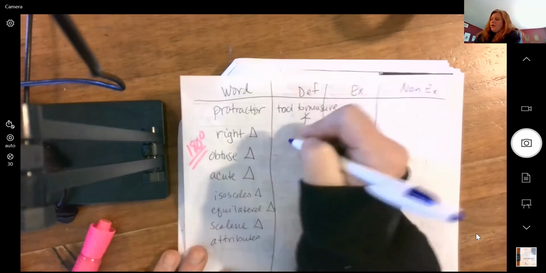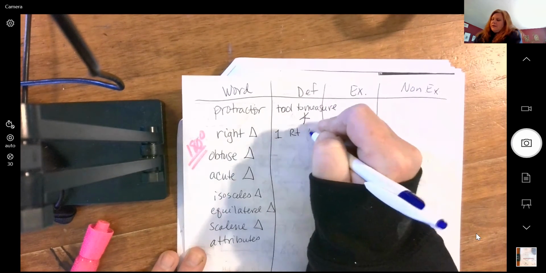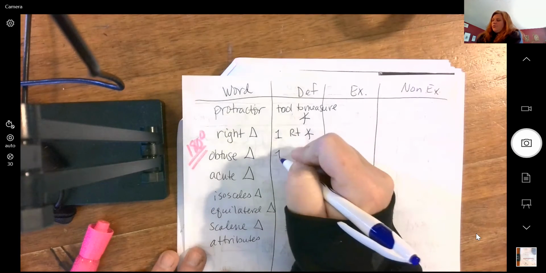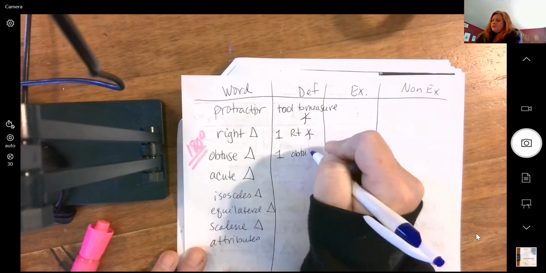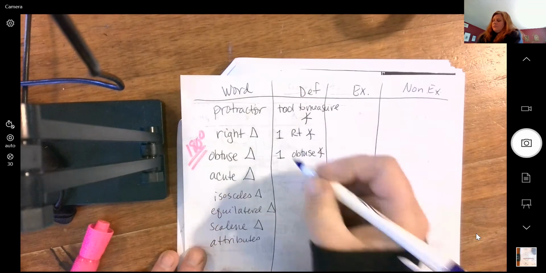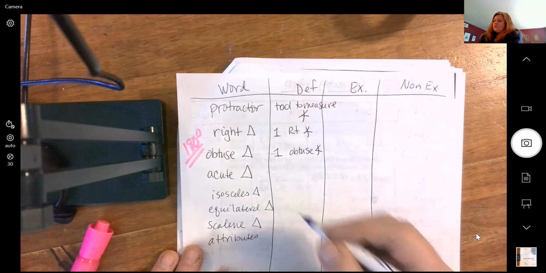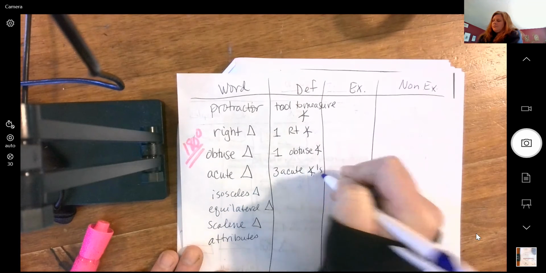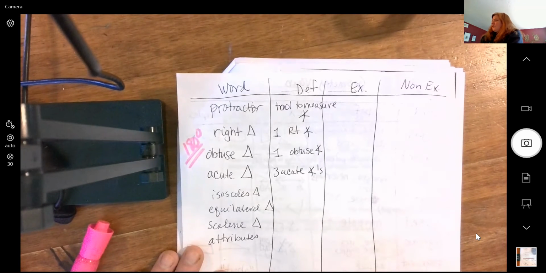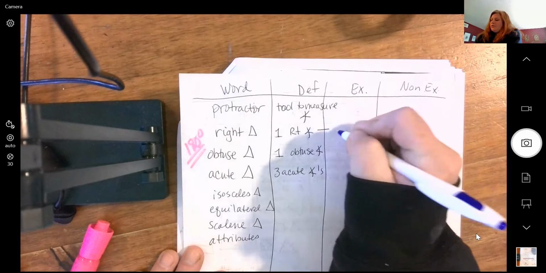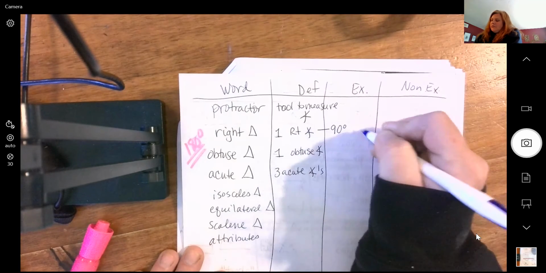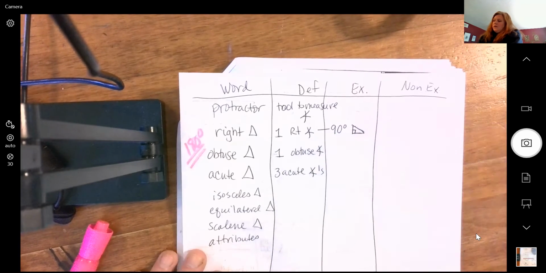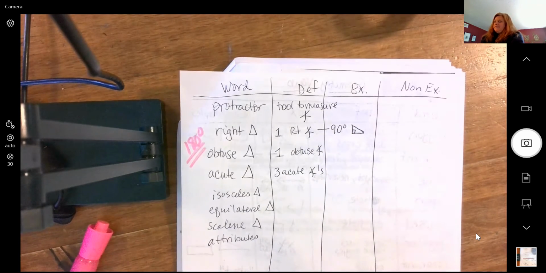A right triangle has 1 right angle, an obtuse triangle has 1 obtuse angle, and an acute triangle has 3 acute angles. We didn't go over this last time, so we're going to backtrack a little bit. A right angle is exactly 90 degrees, and we note it by putting a little box.